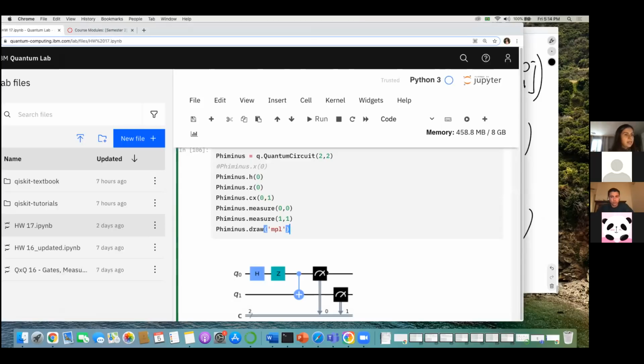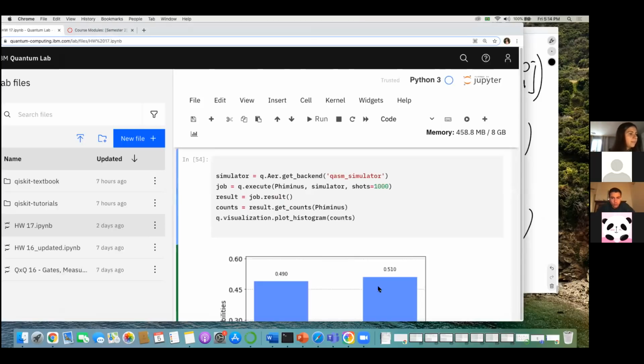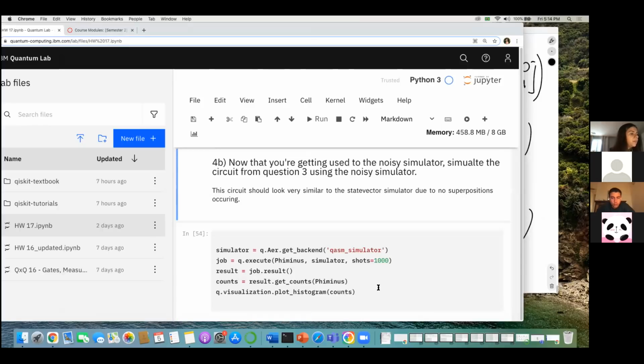Okay, so cool. Now let's use the QxQ simulator. So the simulator I'm using now is gonna be QxQ, so that's where we change in our function when we call it. Before we were using state vector, now we're using QxQ.